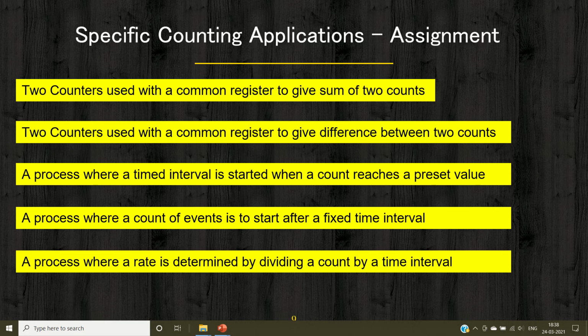Think on these issues and see how counters can be implemented in order to handle these situations. I ask each and every one of you to talk with each other, discuss with each other, to see how such conditions can be designed, or how such conditions can be generated for such counting applications.